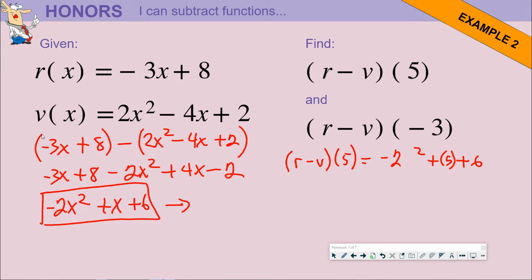And as you all know from my class, I like to have parentheses in there as a matter of course to show that we're inserting it. Okay, so I've got 5 squared, which is 25, times a negative 2, which gives us a negative 50, plus 5, plus 6. So this would be negative 50 plus 11, giving us negative 39.